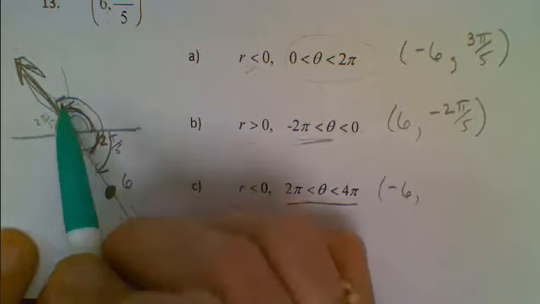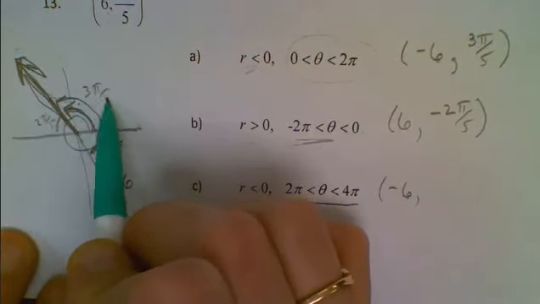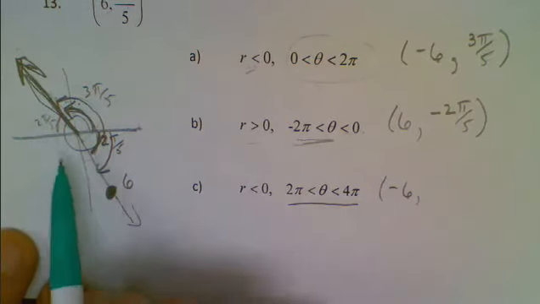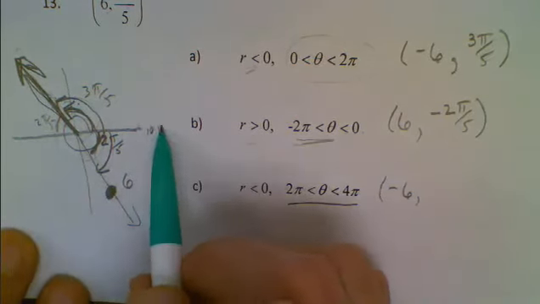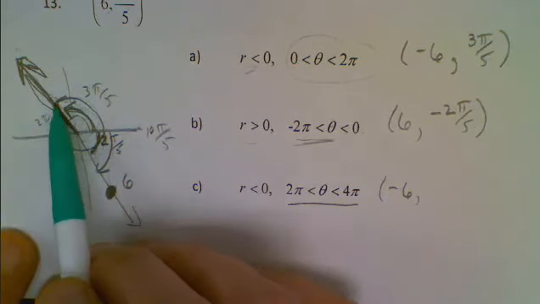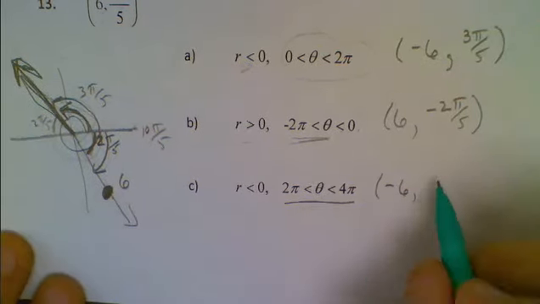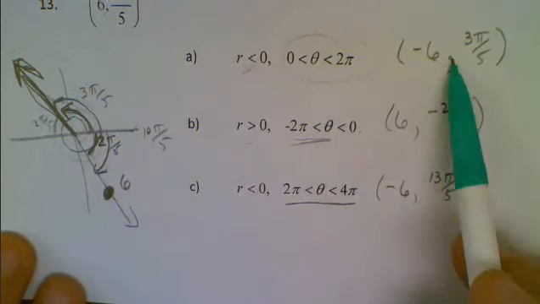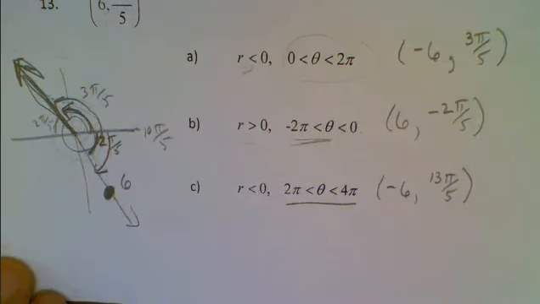We said 3 pi over 5 is that angle. So I want to go 2 pi plus another 3/5 of a pi. Well, 2 pi is 10/5. So I want to go 10/5 pi plus another 3/5 pi. That gets me to 13/5 pi. So this is just making sure you know how to name them a different way.